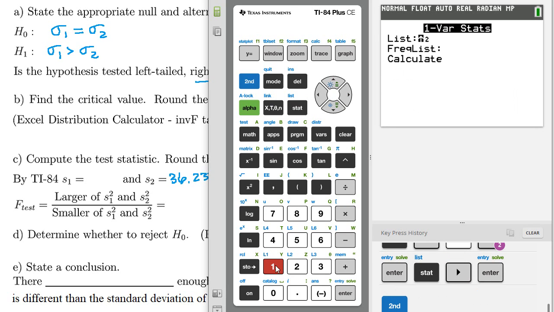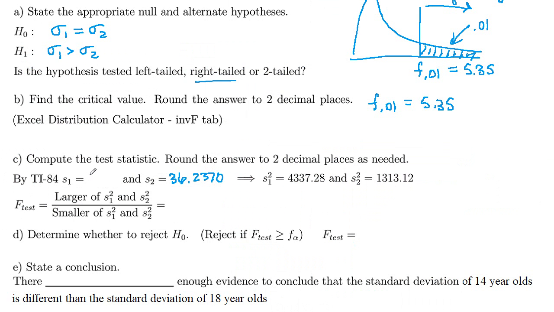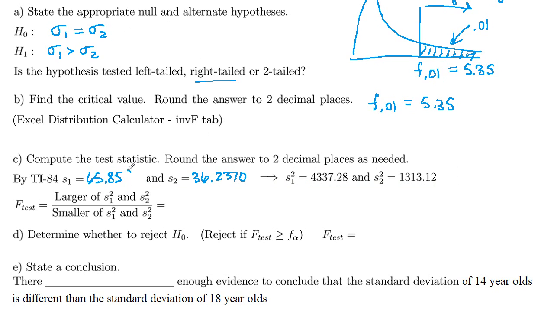So second of 1, we'll change that to list 1, highlight calculate, enter. That standard deviation is 65.8581.